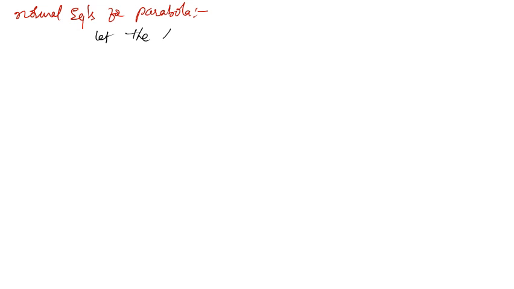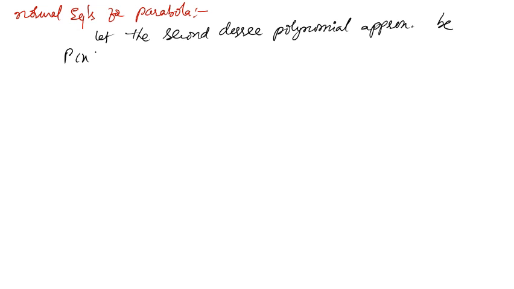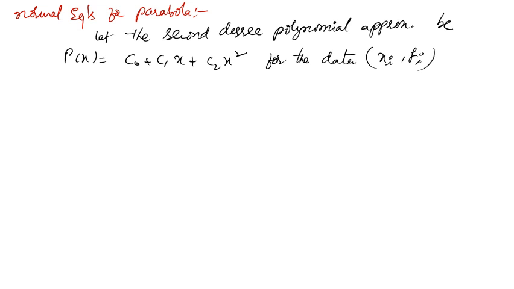Let the second degree polynomial approximation be p of x equal to c0 plus c1x plus c2x square for the data. What is the data? xi versus fi, i equal to 0 to n.